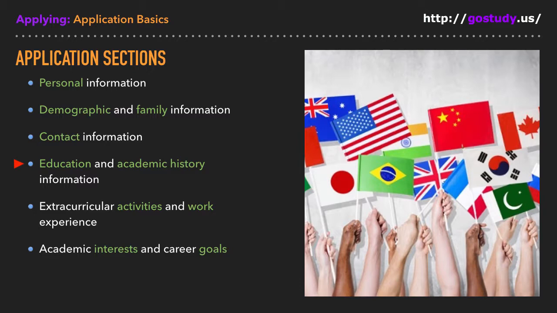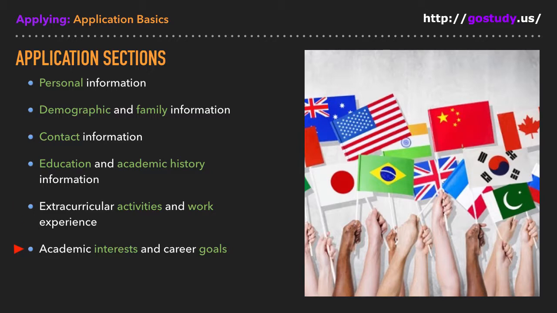Education and academic history information, such as the names of your previous schools, school transcripts, your GPA and class rank, previous courses, any academic honors you've received, and standardized test score results. Extracurricular activities and work experience, to include any academic, social, or athletic clubs or organizations you belong to.